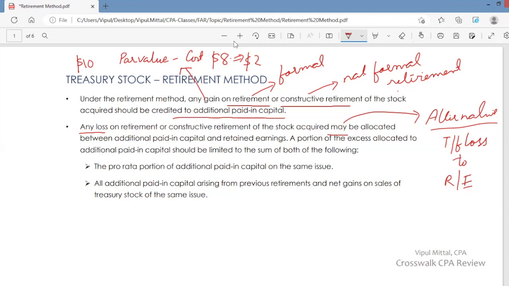The portion of the excess allocated to additional paid-in capital should be limited to the sum of both of the following. First, the pro rata portion of additional paid-in capital on the same issue, here we are actually talking about the original issue premium.